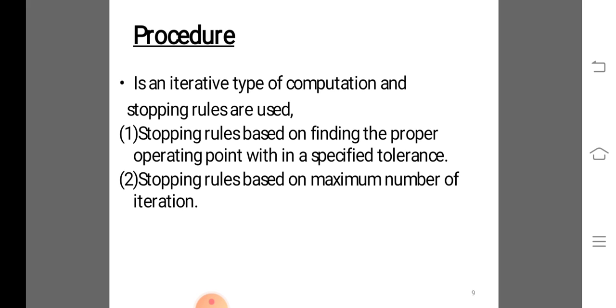Another approach would be to develop an analytical function for the power output as a function of the incremental cost rate. Store this function or its coefficients in the computer and use this to establish the output of each of the individual units. This procedure is an iterative type of computation.